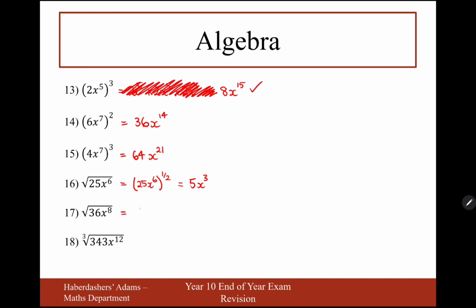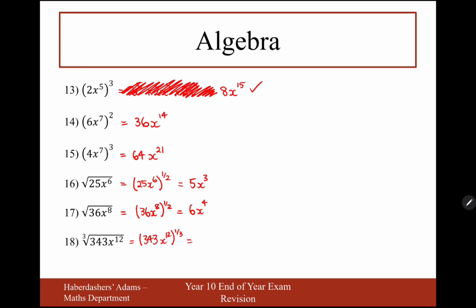Let's have a go at the next one, but pause the video if you would like to try this one out yourself. 36 to the half is 6, and 8 times a half is 4. Now we're cube rooting on this final one here, so 343 x to the 12. And if we're cube rooting, that's a power of a third.